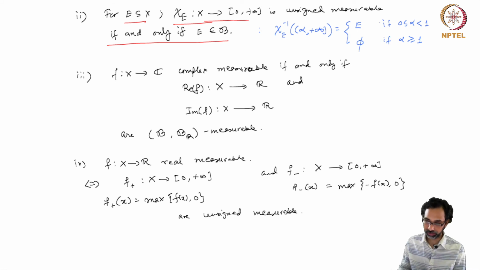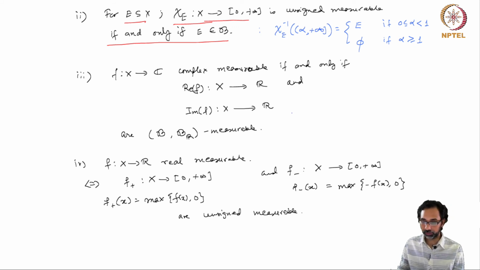So in both cases this is measurable, and of course if E is measurable, then the inverse images of all these sets are measurable, and if these are measurable, then E is measurable. So in both ways we get that this indicator function is unsigned measurable if and only if E is measurable.